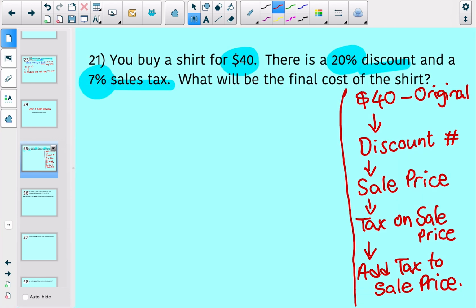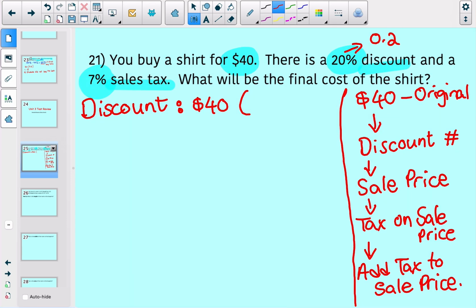All right, so now I have my discount amount. Let's calculate my discount amount. It's $40 times 20%, and if I convert that to decimal, it is going to be 0.2. So I'm going to multiply that with the percent, 0.2, and this should give us $8.